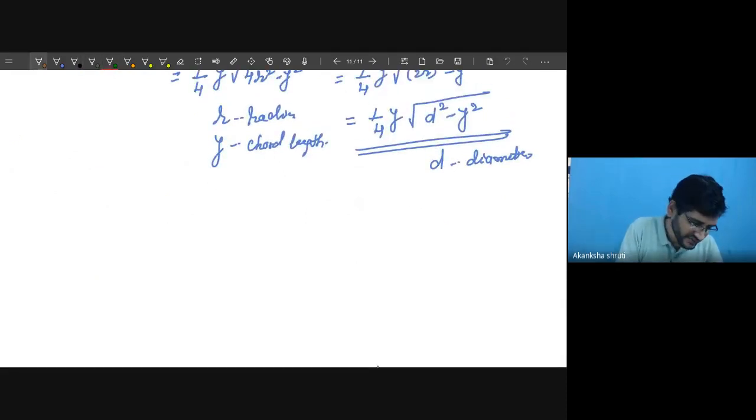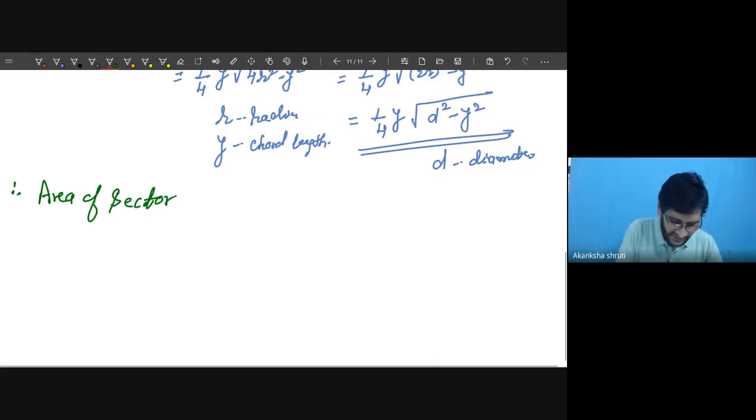Now, therefore, area of sector. Area of sector, we have learned the formula. So no need to derive it again or explain it again.